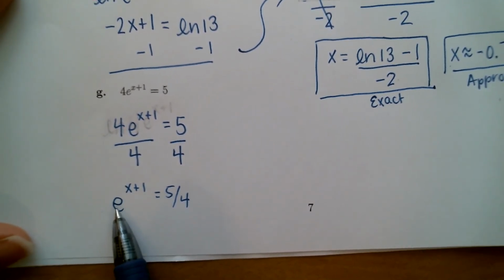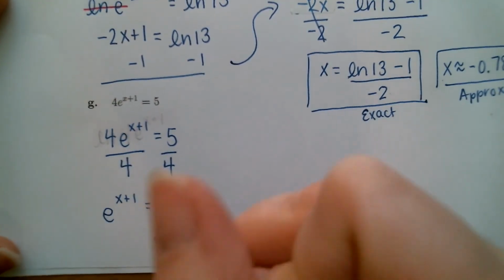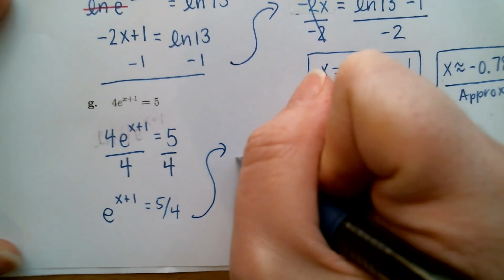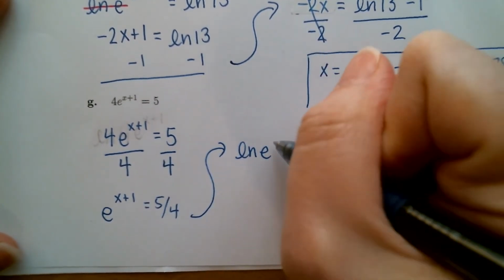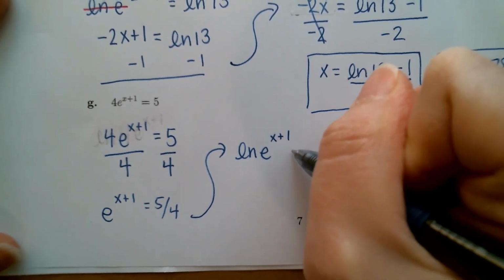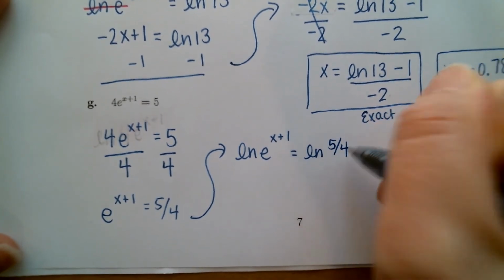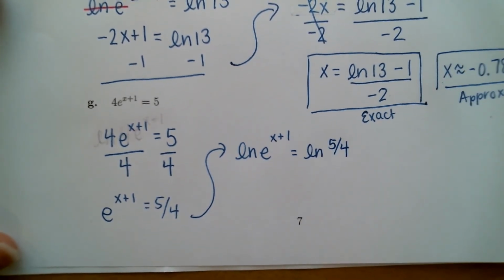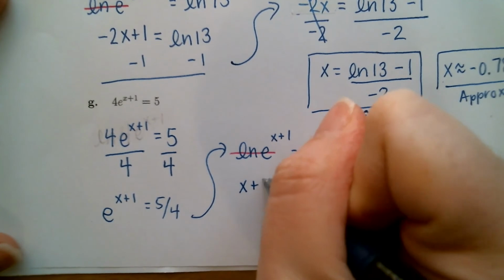Like I said, there's no way to rewrite these two sides to make them have the same base. So we're going to go ahead and apply the logarithm. Again, use ln because this is an e problem. Take the logarithm of the left side. Whatever you do to one side, you have to do to the other. Then ln and e are side by side, so we're going to cancel them out, and then the exponent will come down.